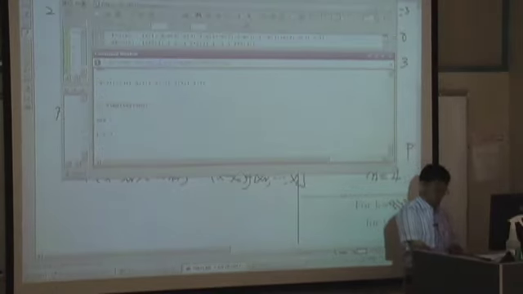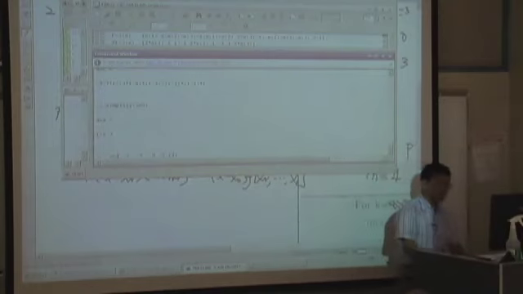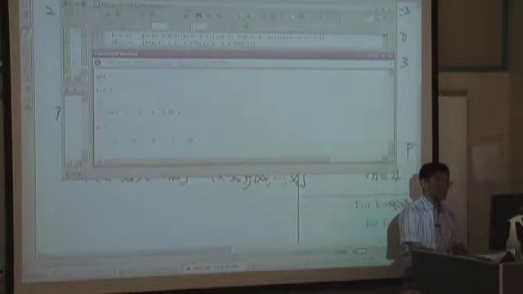X equals, for instance, minus 5, minus 2, 0, and then 5 and 10, right? So this is your x. Then from this one, you can extract n. N equals length of x minus 1, right?